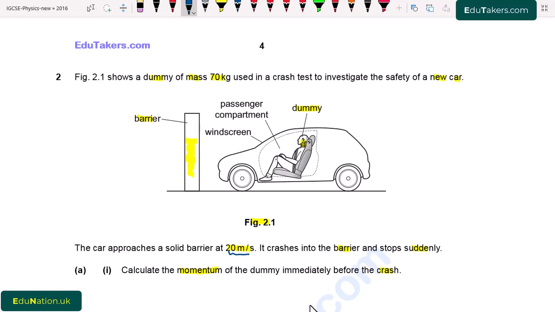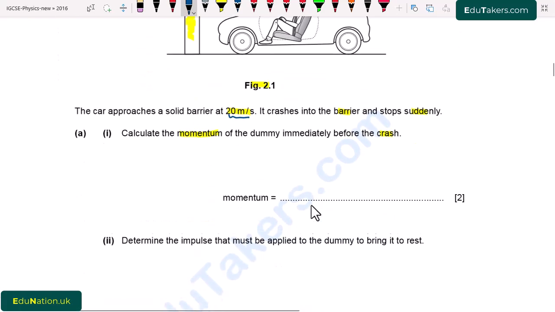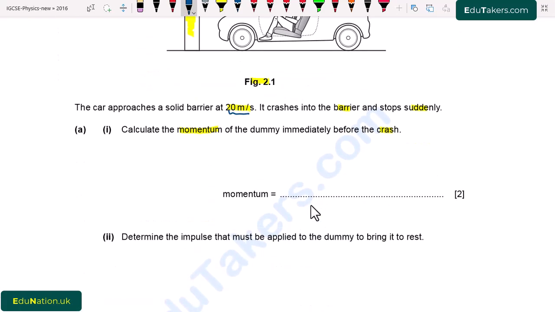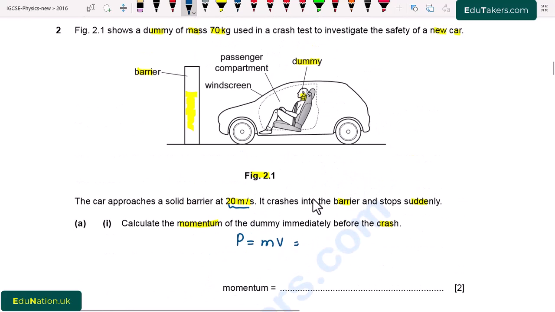As momentum is the product of mass and velocity, momentum P will be equal to m times v, where m is the mass, which is given here as 70 kilograms. So I write 70 multiplied by v, which is 20 meters per second.